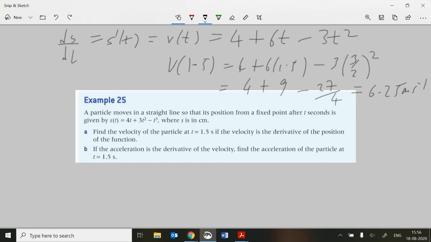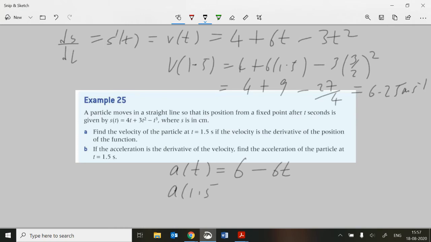So find the acceleration of the particle at t is equal to 1.5. So we need to find a of 1.5. Well, we're really looking for a of t to start off with. So let's take that back. A of t is then saying differentiate this, getting 6 minus 6t.